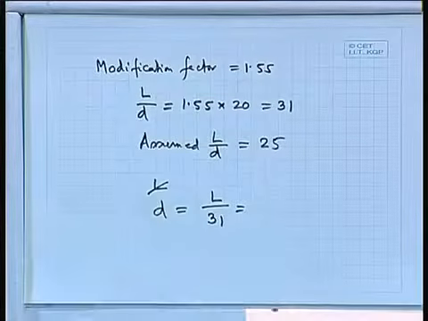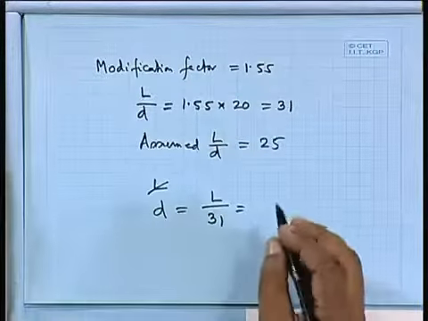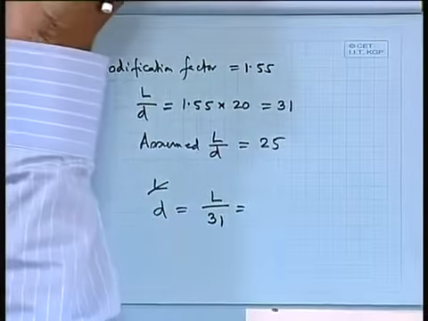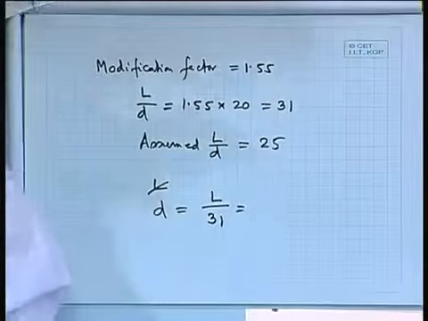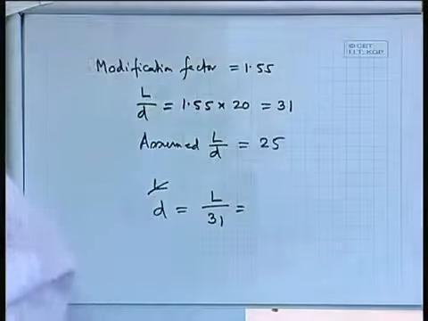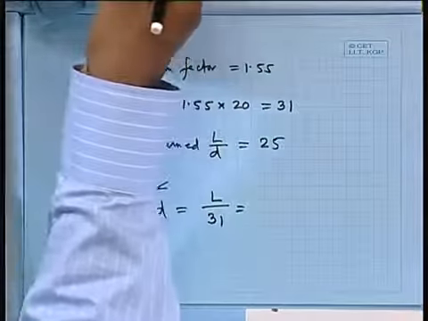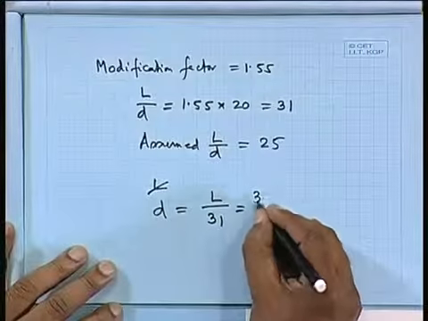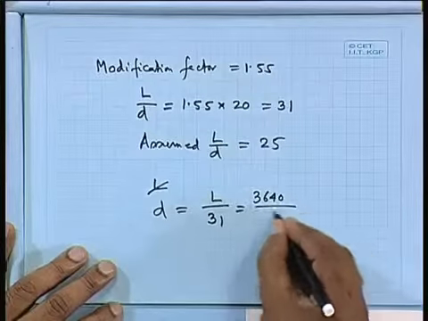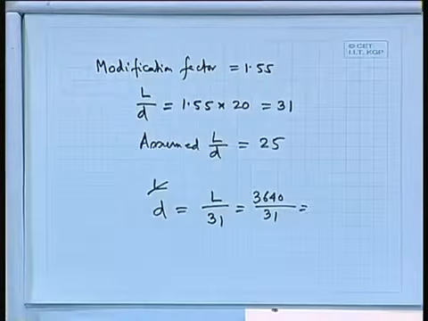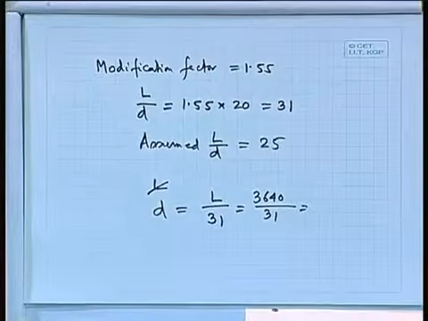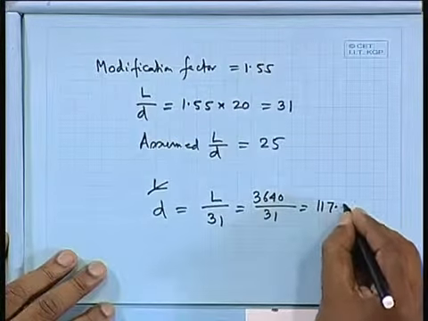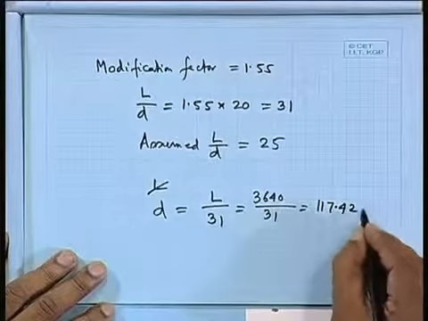So we come back to the effective span, 3.64, so 3640 divided by 31, which comes as 117.42.